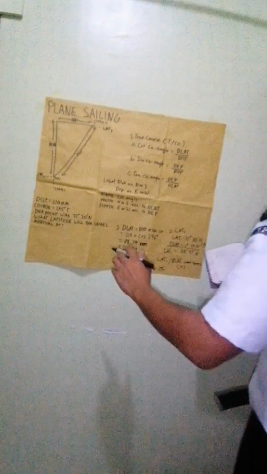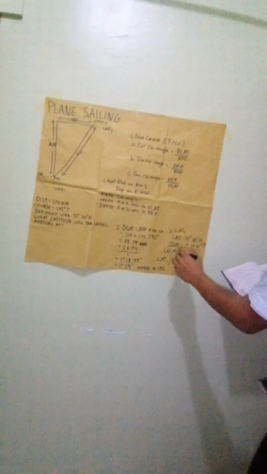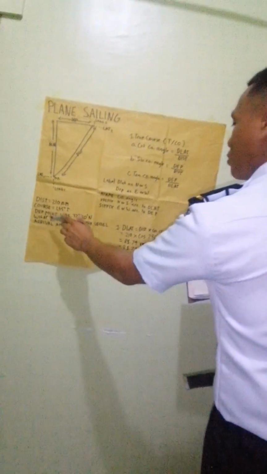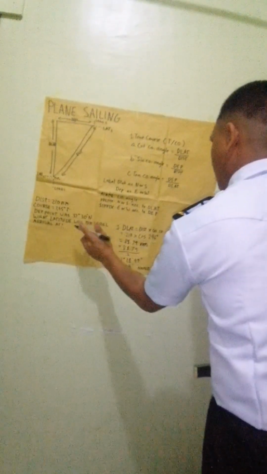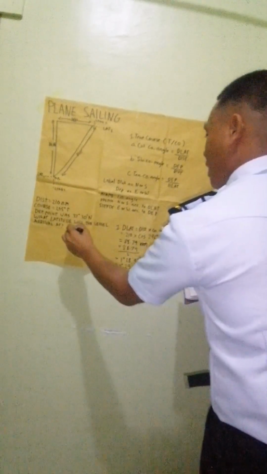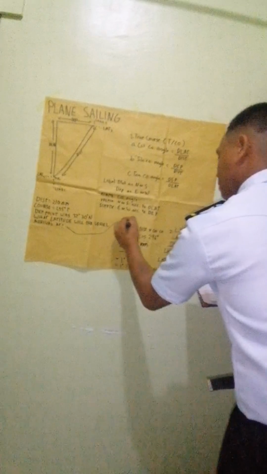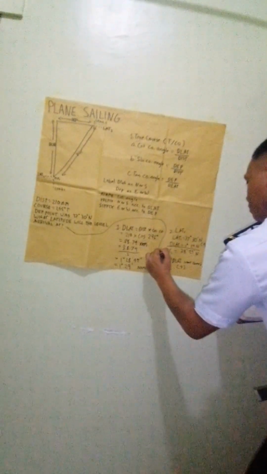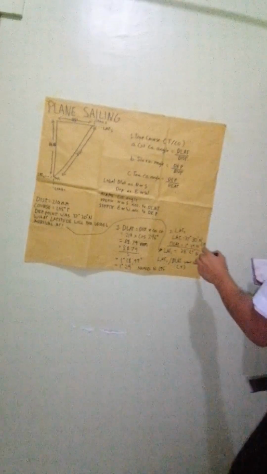So this is the latitude 2. This is what latitude the vessel will arrive at. The vessel arrives at latitude 2, which is 38 degrees and 59 minutes north.